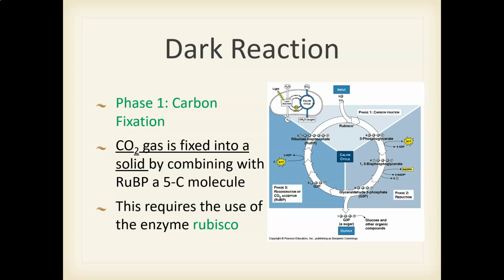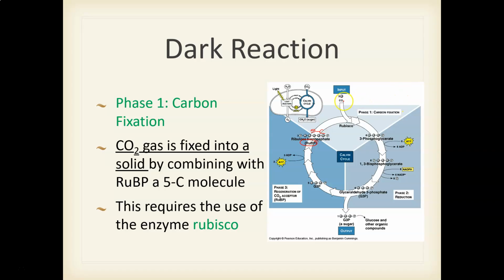Okay, so a couple of things that you should know in terms of this diagram. It's a little kind of crazy, a little complex, but let's break it down. So this first part here is your carbon fixation. And so here's this RuBP molecule right here. And if I look, each of these dots is a carbon. So if I count 1, 2, 3, 4, 5, this is a 5-carbon molecule.